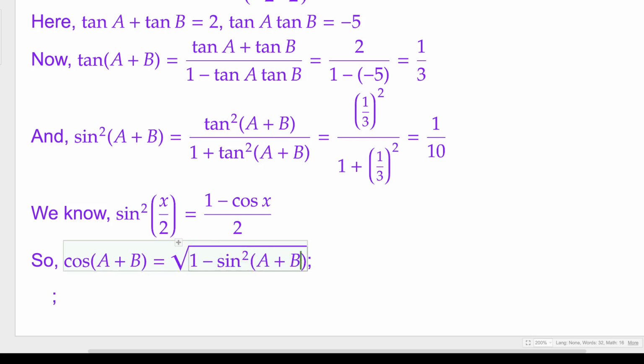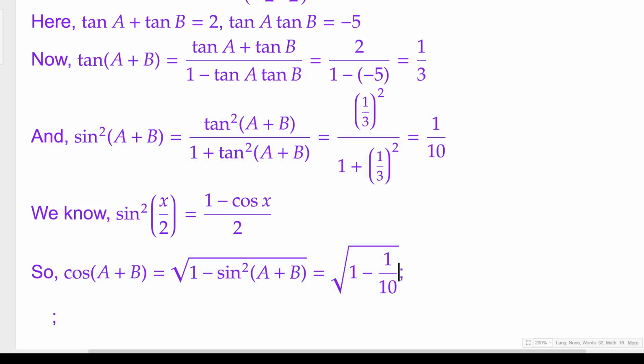Why do I need cos(A plus B)? Because when I substitute x as A plus B, I also require the value of cosine of A plus B. So the 1 stays, and sine squared (A plus B) is already computed as 1 over 10. Plugging this in and resolving, I get 3 over square root of 10.